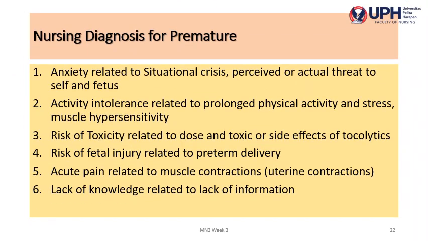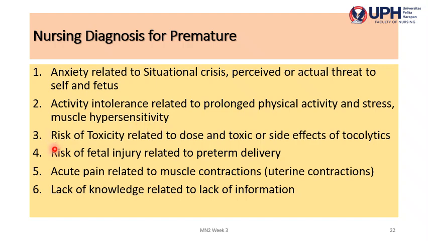And the nursing diagnosis for premature labor could be anxiety because of the crisis. It could also be activity intolerance because we don't want to cause hypersensitivity, and we don't want the physical activity to then increase the problem.